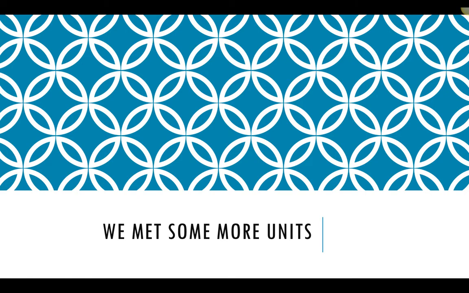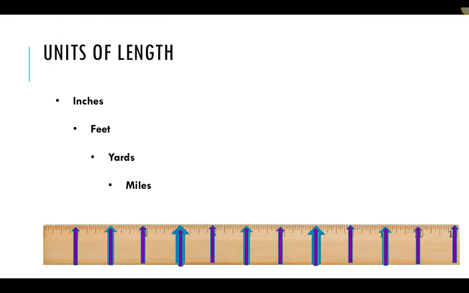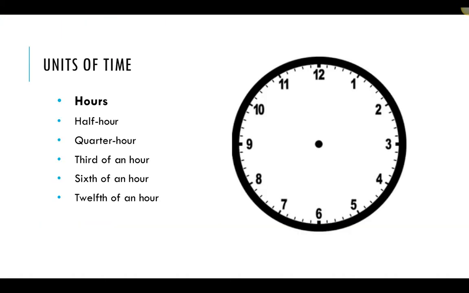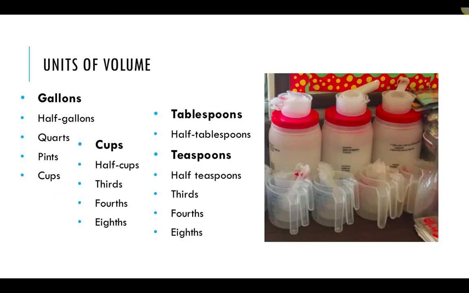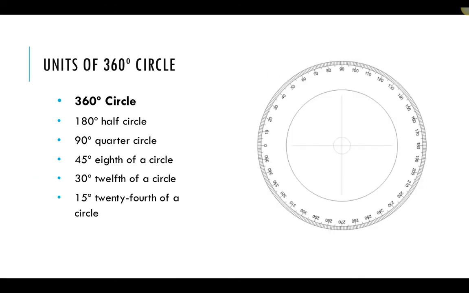And then we met some more units. We met some lengths because they lend themselves to fractions, and time, like hours. Minutes also lend themselves to the exact same fractions. And then different volume units, and even the angles that form a circle.